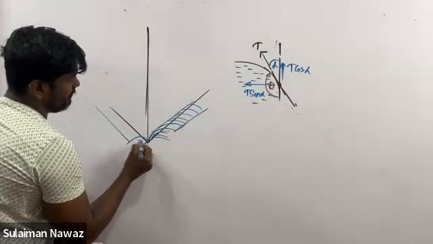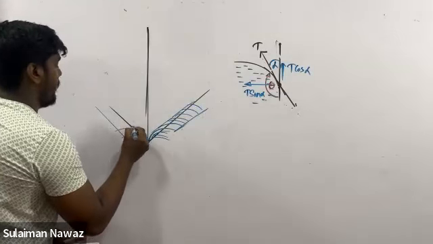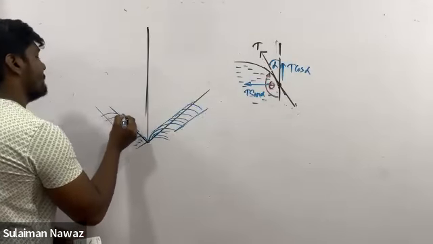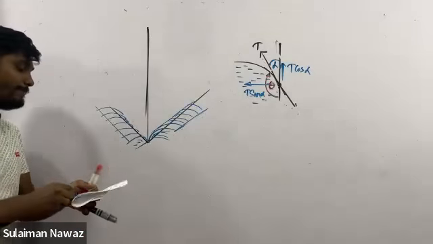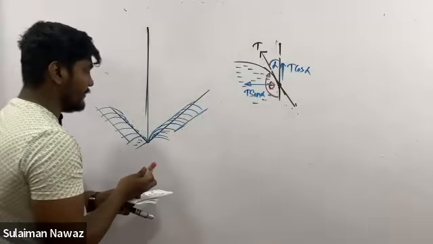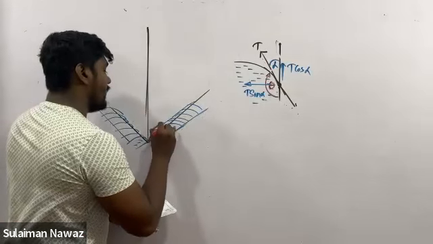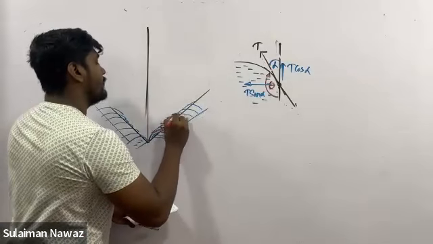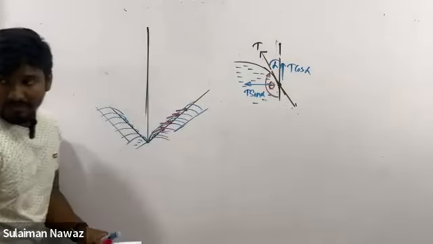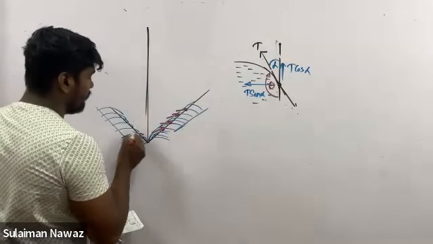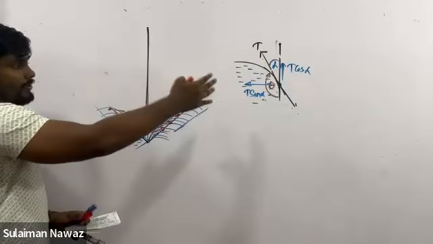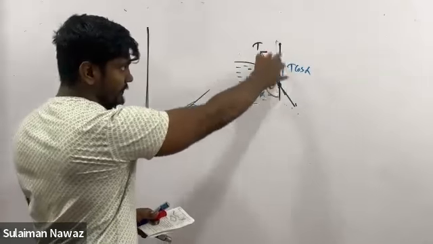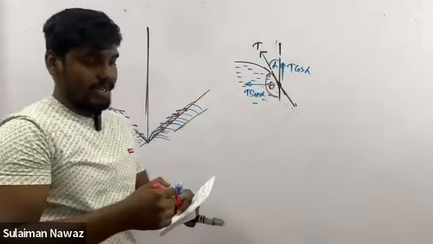So liquid. Then the surface tension would be this way. It's coming upwards. It's difficult to draw it. You can get the idea.